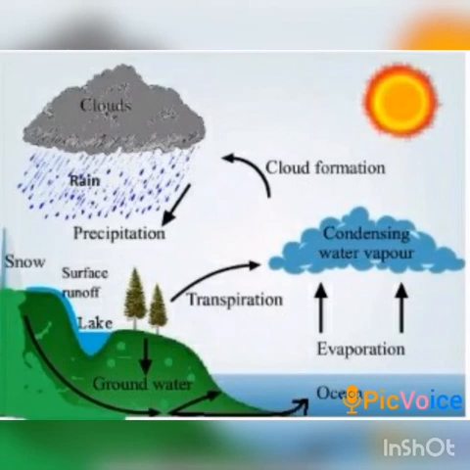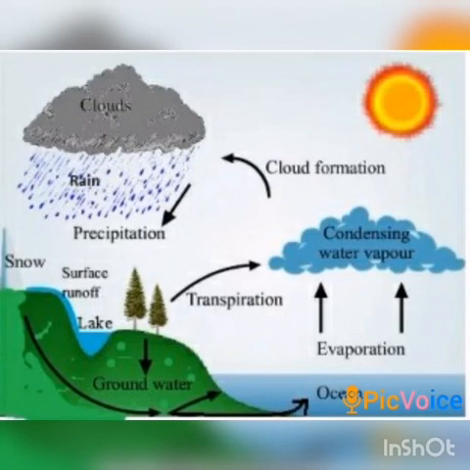So, the water in the form of vapor goes into air by evaporation and transpiration. Then comes the formation of clouds: that water vapor condenses and forms tiny droplets of water. These seem like clouds.